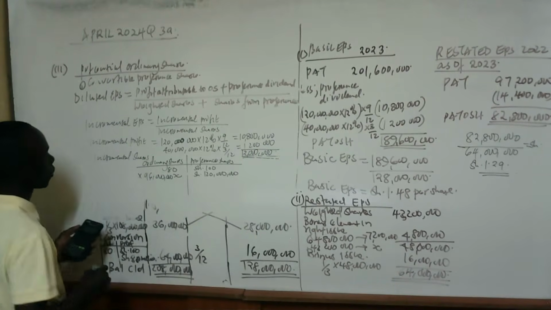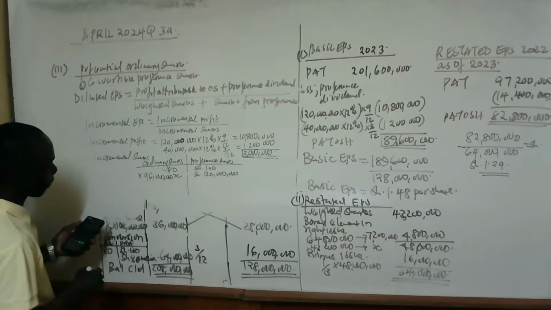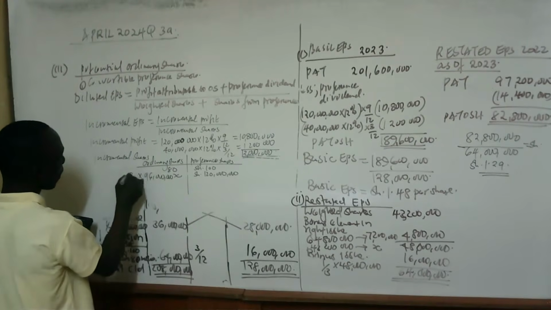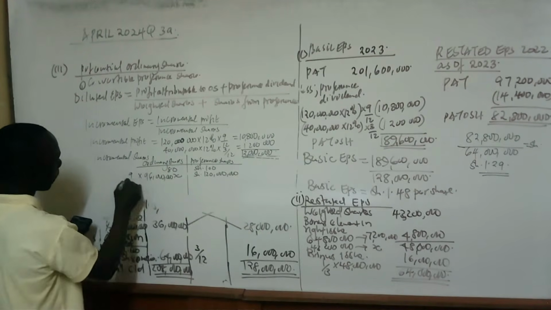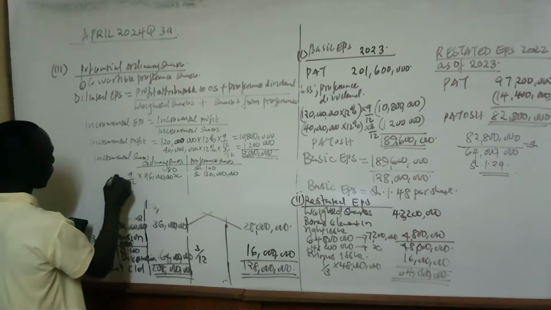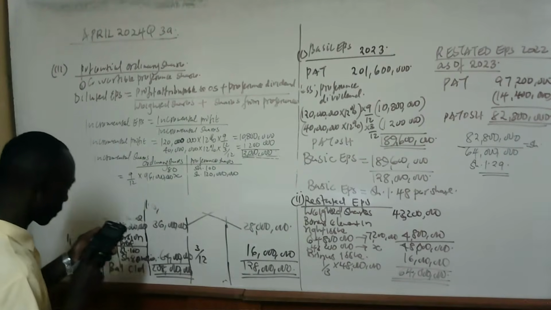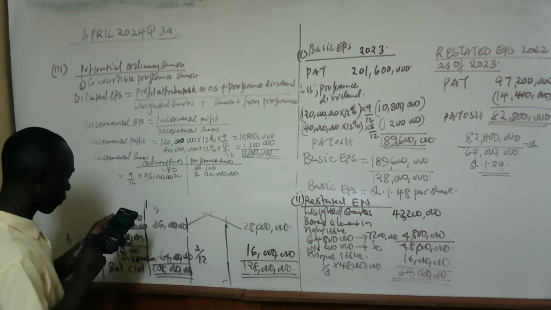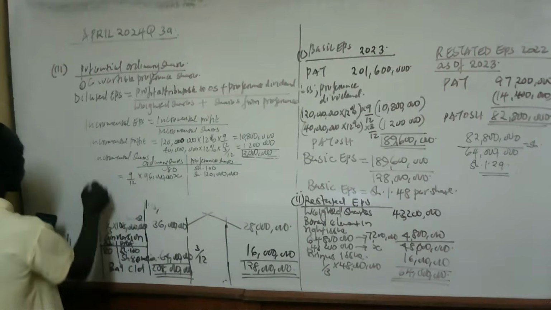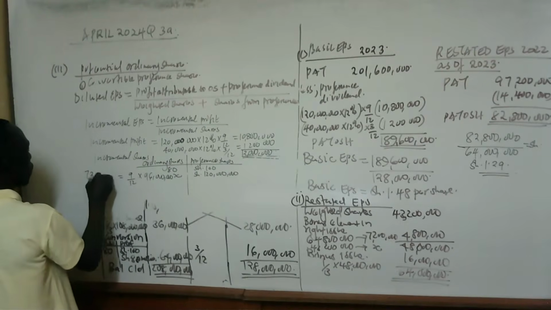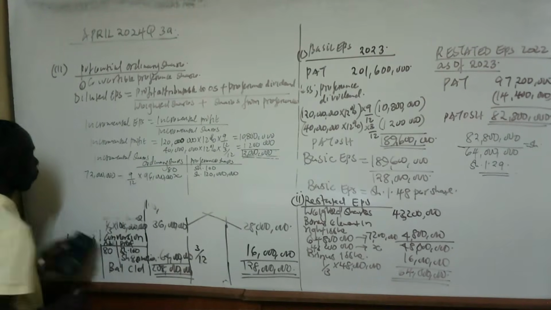They are potential for 9 out of 12, so times 9 out of 12, you get 72 million.